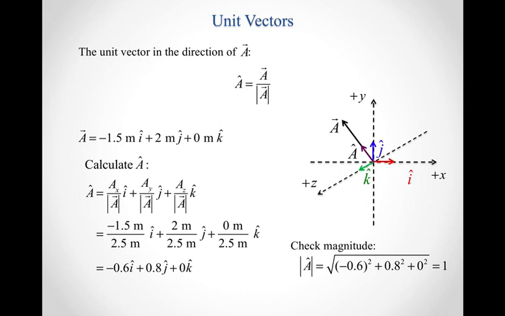So what this means is A hat is the unit vector that points in the same direction as A, just like I hat, J hat, and K hat are unit vectors that point in the x, y, and z directions. So we now have the ability to talk about our special Cartesian unit vectors, and then to figure out a unit vector pointing in the direction that any vector does.